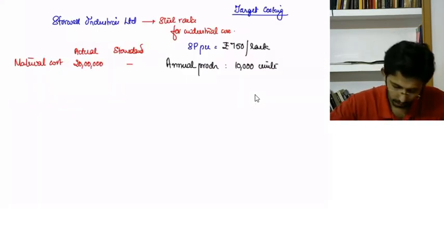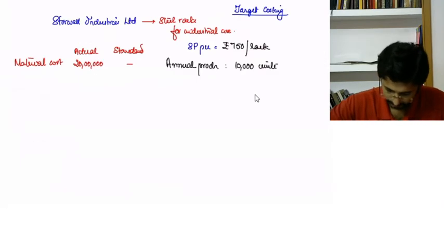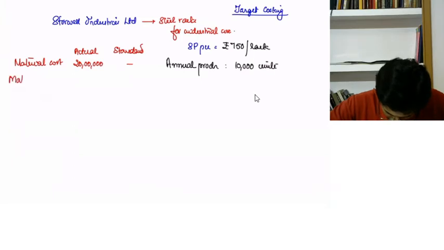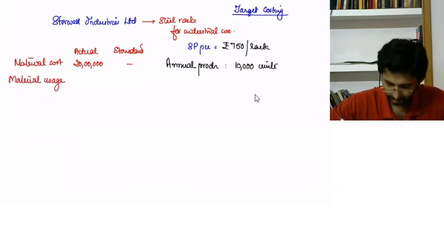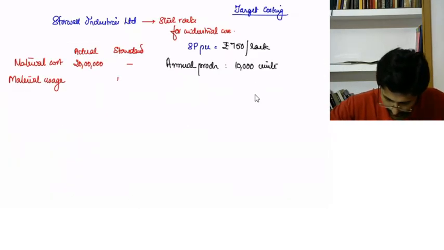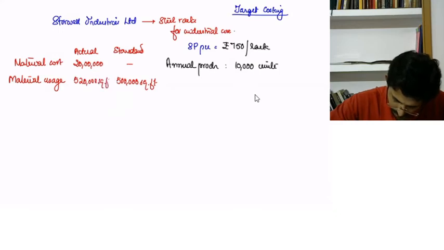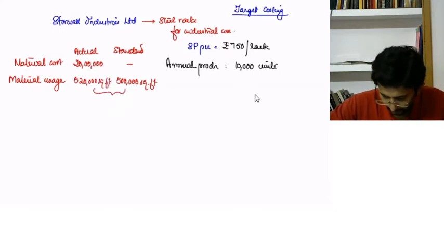But what you have here is material usage given. Material usage budget is 5 lakh square feet, but actual is 5 lakh 20,000 square feet. So there is a difference of 20,000 square feet.